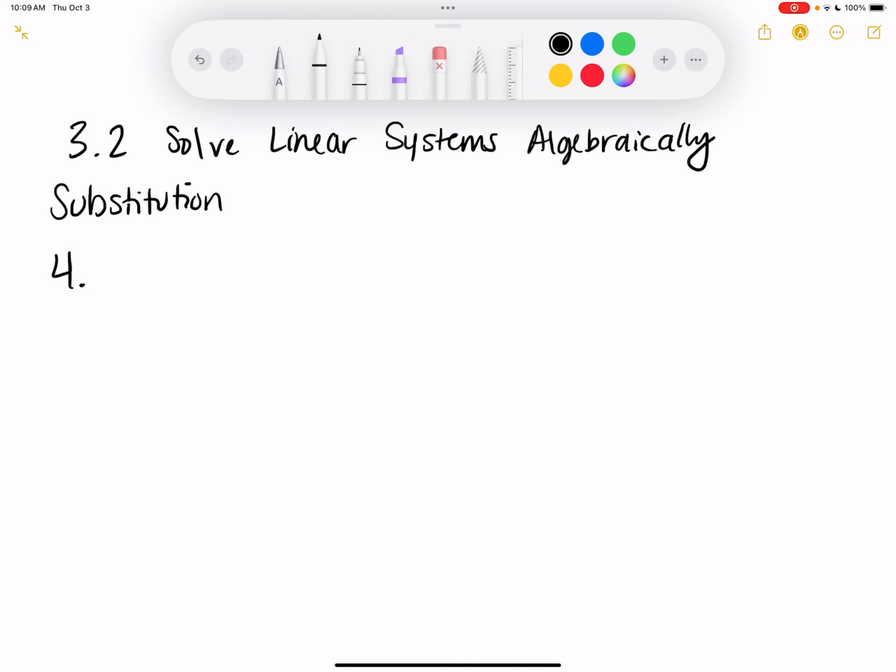All right, number 4, we have 3x plus y equals 16, and I have 2x minus 3y equals negative 4. So when I'm doing substitution, the first thing I want to do is get one of the variables by themselves.